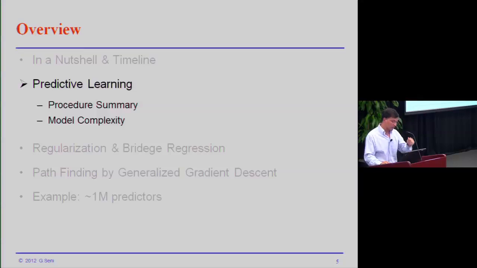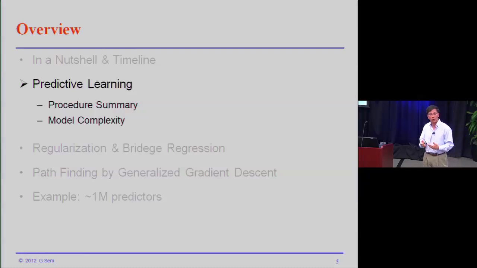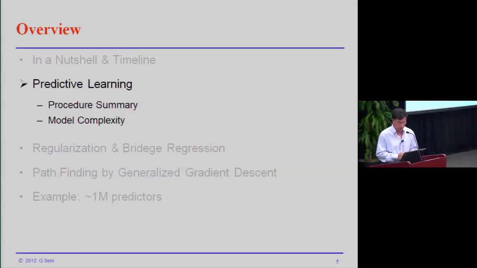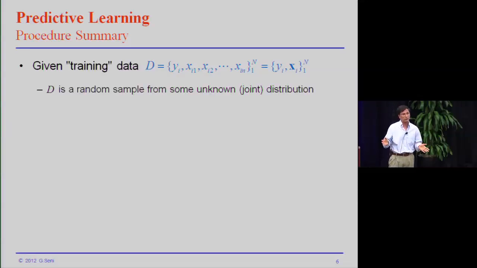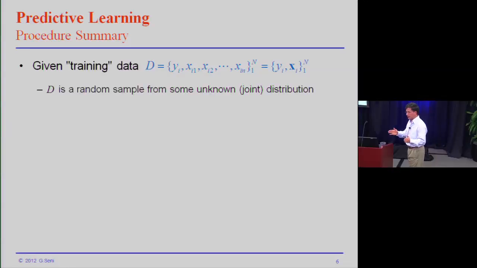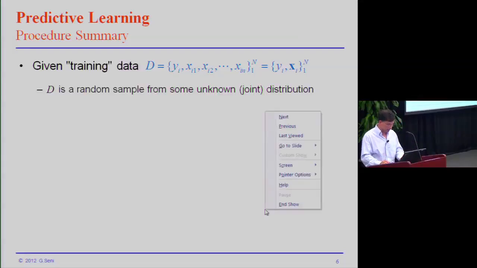So next, a brief section on predictive learning, primarily to set up notation and provide some motivation for the regularization problem. In the typical notation of the predictive learning problem, we're given some training data, pairs X and Y. I'm using uppercase N for the size of the training data, and lowercase n for the dimension of the input vector X. This data is assumed to come from some unknown probability density function.